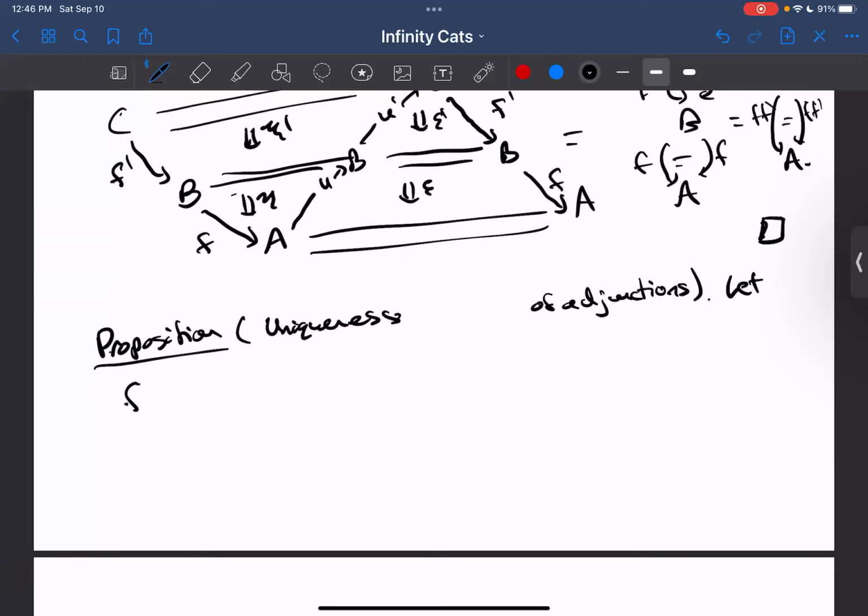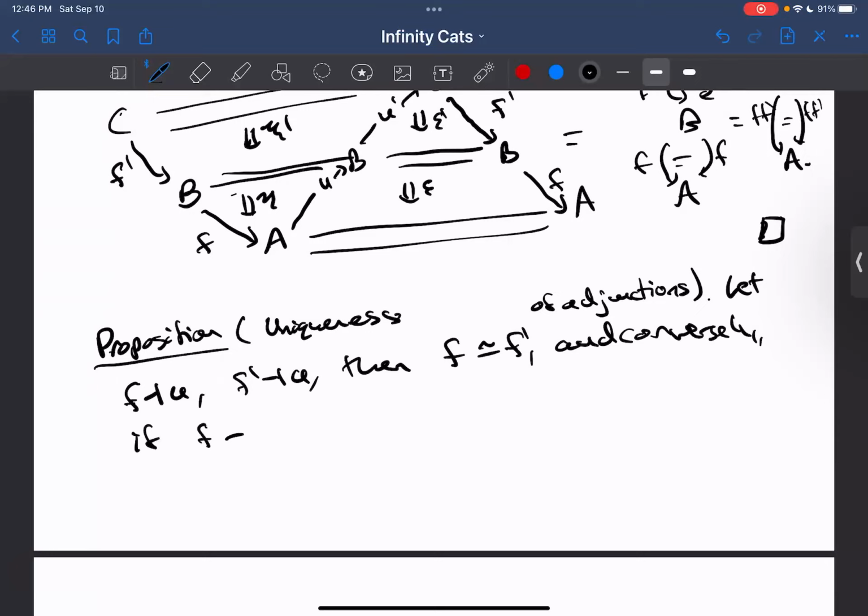Let F be left adjoint to U, and F prime also be left adjoint to U. Then F is isomorphic to F prime, as functors. And conversely, if F is isomorphic to F prime, and F is left adjoint to U, then F prime is left adjoint to U.